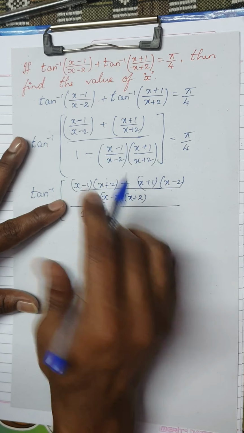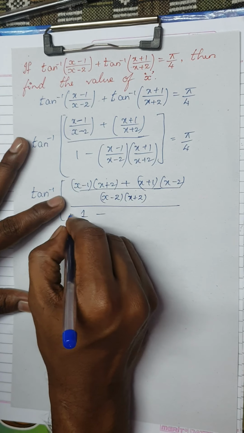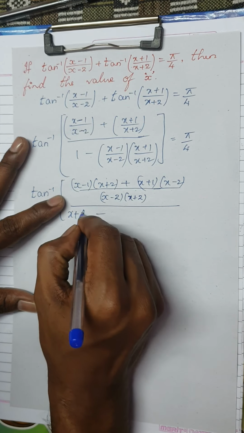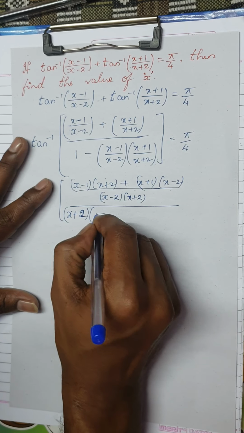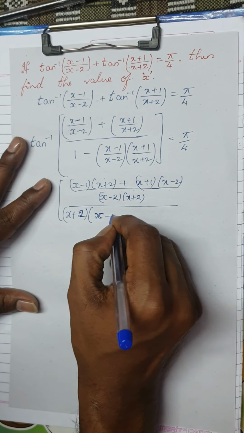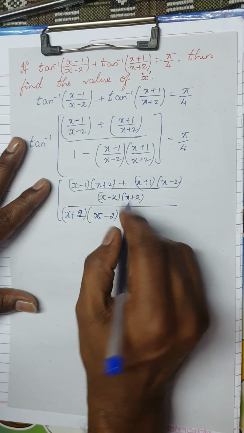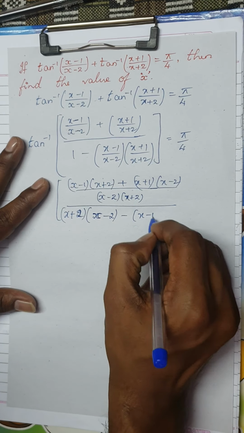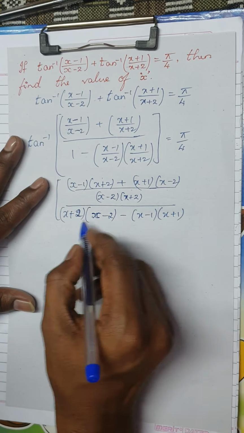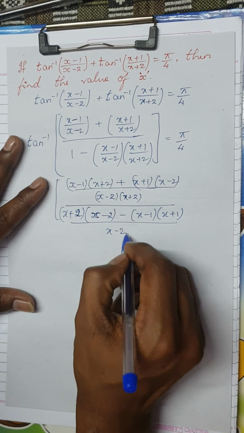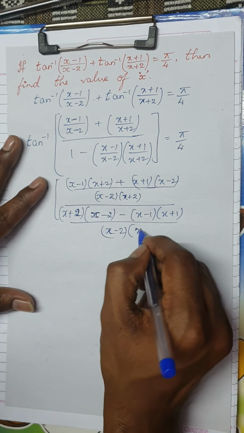If you take the LCM again here, instead of 1 let me get (x plus 2) into (x minus 2). If you take the LCM, minus it is (x minus 1) into (x plus 1), whole divided by (x minus 2) into (x plus 2).